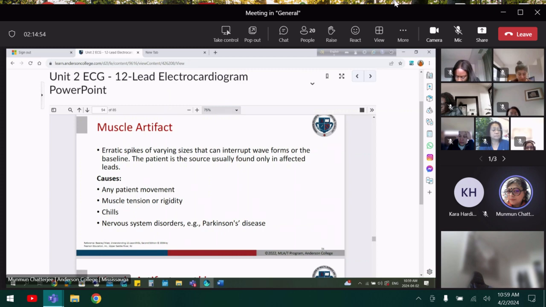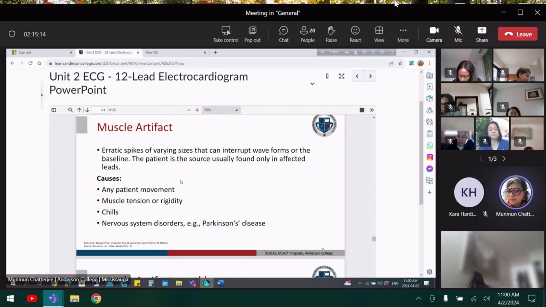The patient is the main source, usually found only in the affected leads, because you are not going to move the bed or anything like an earthquake. What should be the cause of the muscle artifact? The patient itself, right? So the patient is the source, usually found only in the affected leads.